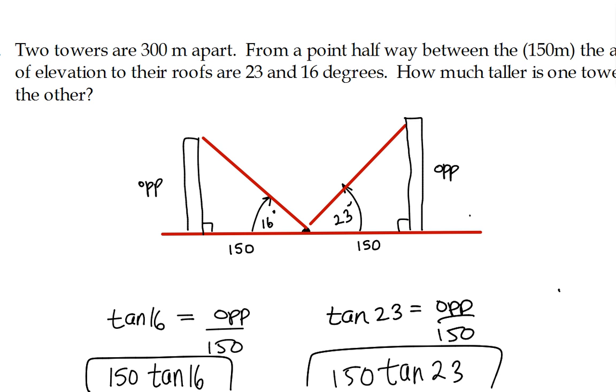One will be bigger than the other, and subtract, and you're done. So I got about 63.67, 43.011. Subtract those, it's looking like about 20. Yeah, 20.7. I used my calculator, I used all the digits, I got 20.7. Difference.